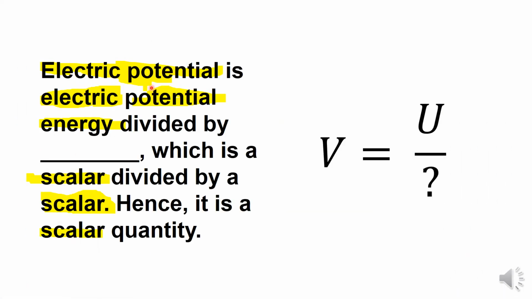Electric potential is electric potential energy divided by blank, which is a scalar divided by a scalar, hence it is a scalar quantity. Okay, so what's the missing divisor that yields the quotient electric potential?